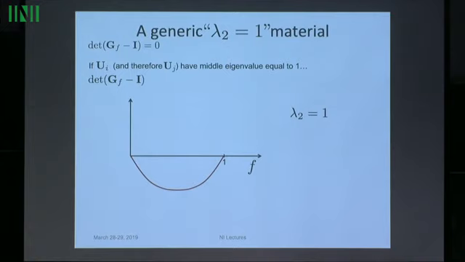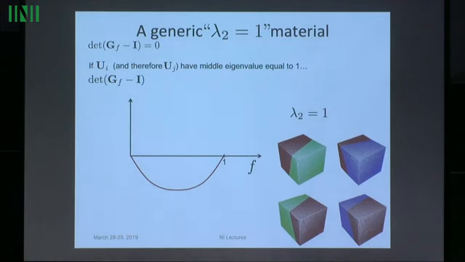So in the case that the individual stretch tensors have middle eigenvalue equal to 1, the graph of GF minus identity looks like this. In that case, of course, you have perfect interfaces, and you have 2 here, and you have 2 here, and those are the cases, those 2 and those 2. That's a generic lambda 2 equals 1 material, like those low hysteresis materials I was showing before.